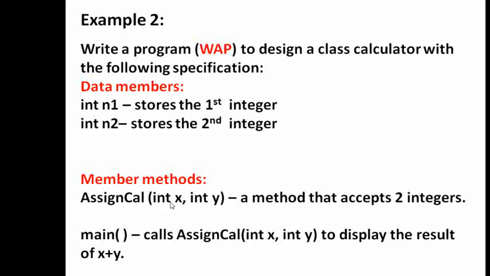Assign cal will do what? This is actually a method that will accept two integers. And what will main do? Main will call assign cal method to display the result of x plus y.